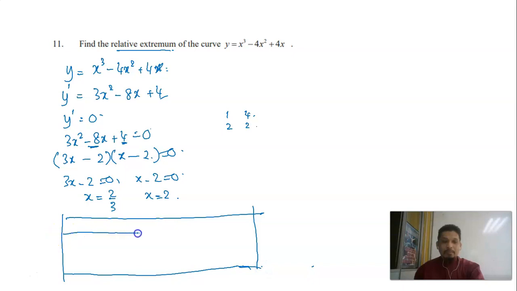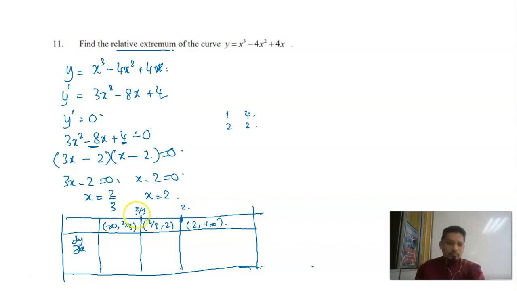From negative infinity up to 2 over 3, 2 over 3 until 2, and then 2 to positive infinity. Okay, so now dy/dx. Let's just imagine that this is a border between this range and this range, which is 2 over 3, and here the border is 2.